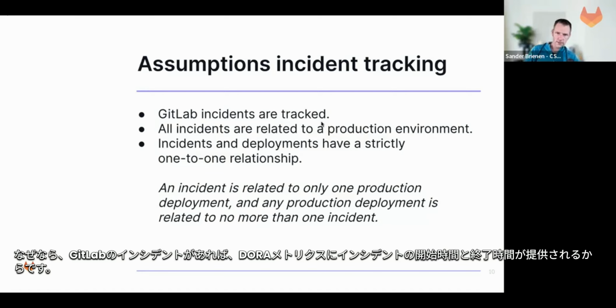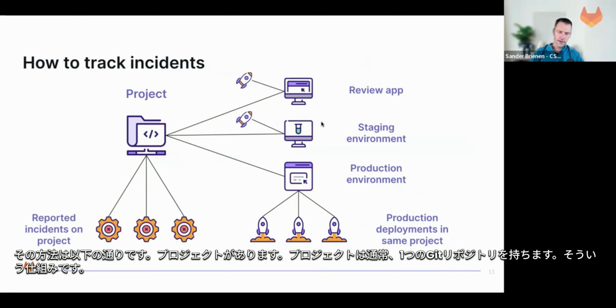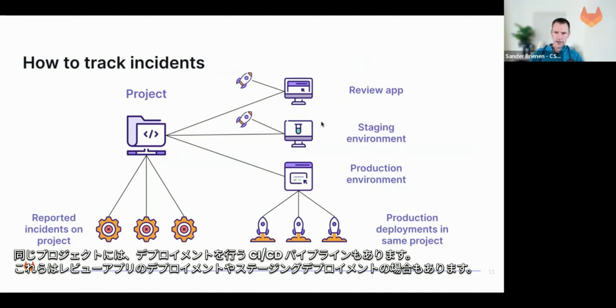How are we trying to achieve that? There's no way of assigning an incident to a production environment, so we need another way of ensuring that, and that is the following. We have a project. A project typically has one Git repository. And in that project, you can report incidents. In the same project, you will also have a CI/CD pipeline that will do deployments.